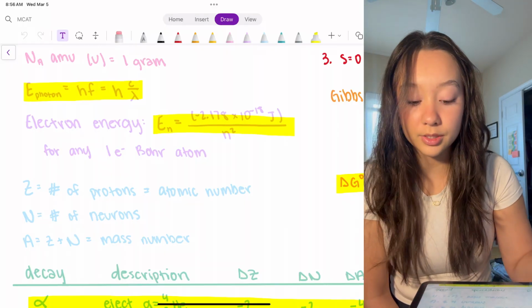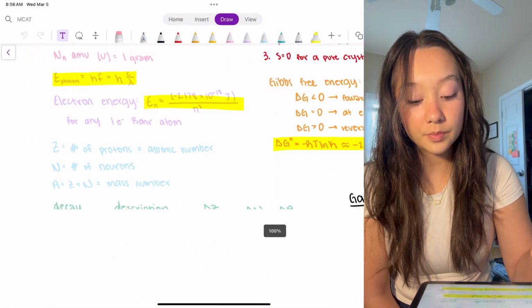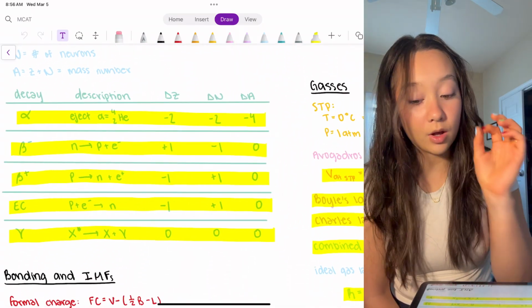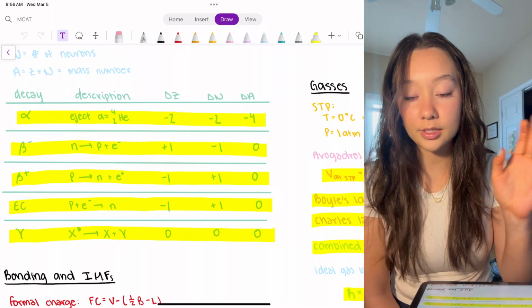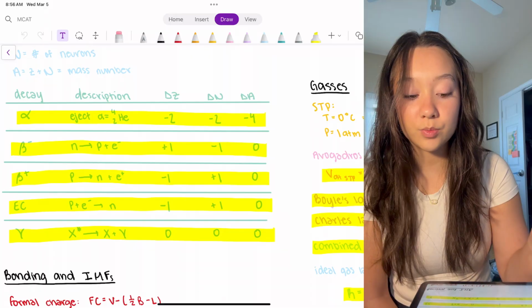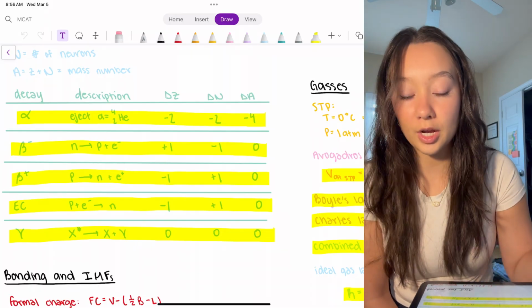Z is the number of protons, the atomic number, N is the number of neutrons, and the mass number is Z plus N. Now, all of these are the types of decay. So we have alpha decay, beta minus, beta plus, electron capture, and gamma decay. We can go through a video talking about this more, but this is just the overview of the net products in the reaction in general.